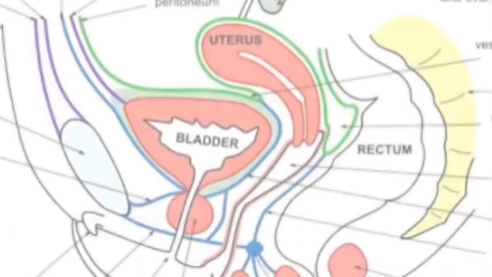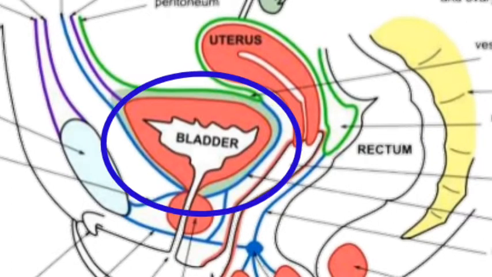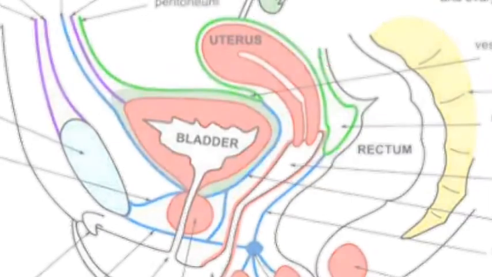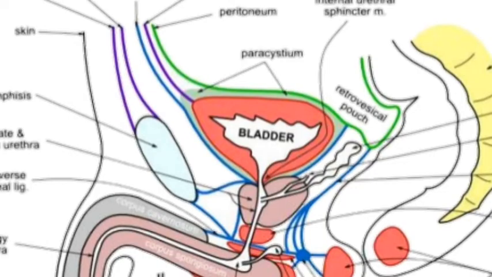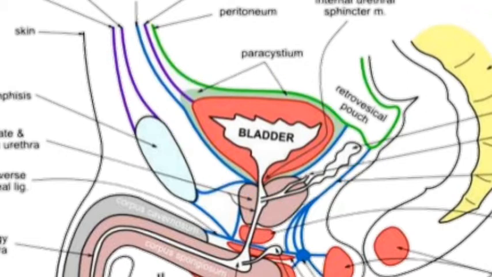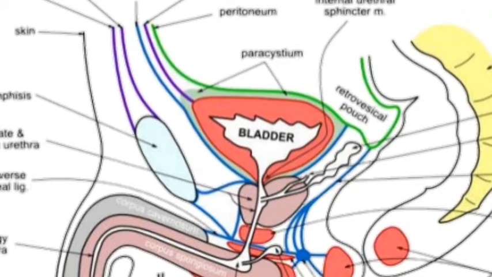In female, in the pelvic cavity, at the anterior aspect there is the urinary bladder. Behind that there is the uterus and lastly there is the rectum. Whereas in male, anteriorly there is the bladder. Behind that there are the seminal vesicles and vas deferens, and just absolutely posterior there is the rectum.